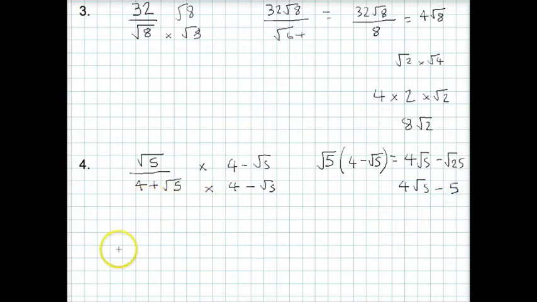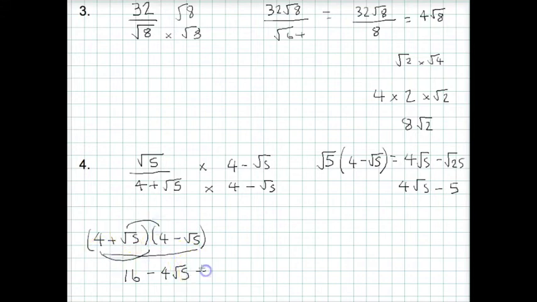On the bottom, again, if we put this in brackets, 4 plus root 5, 4 minus root 5, that's going to give us 16, minus, well then you've got 4 times minus root 5, which gives you minus 4 root 5. Then you've got plus 4 root 5.